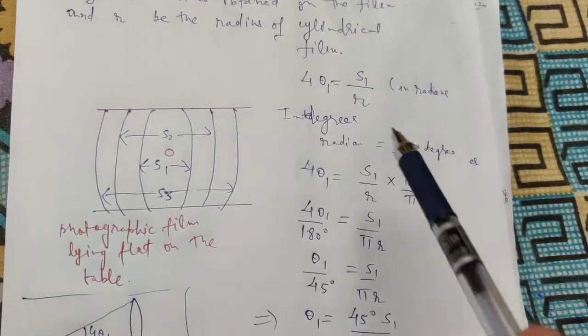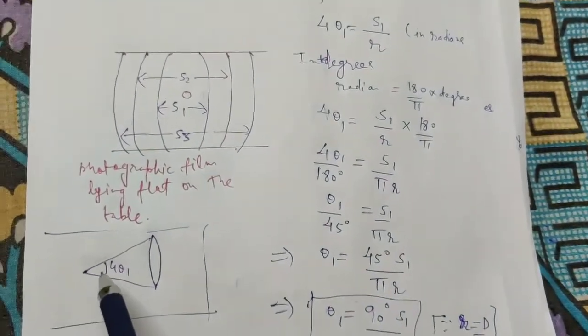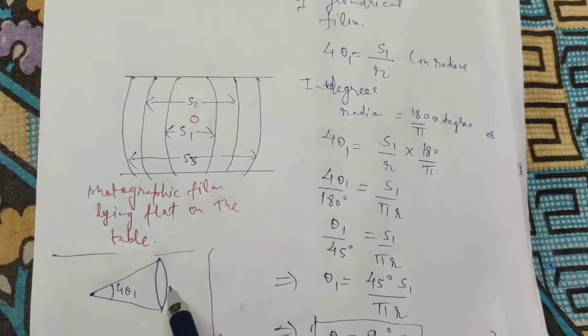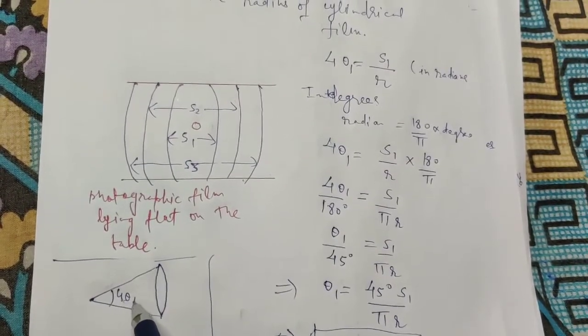In case you want to understand this, you can understand from this diagram. Since this is the diffraction cone, this will be the solid angle 4 theta 1.